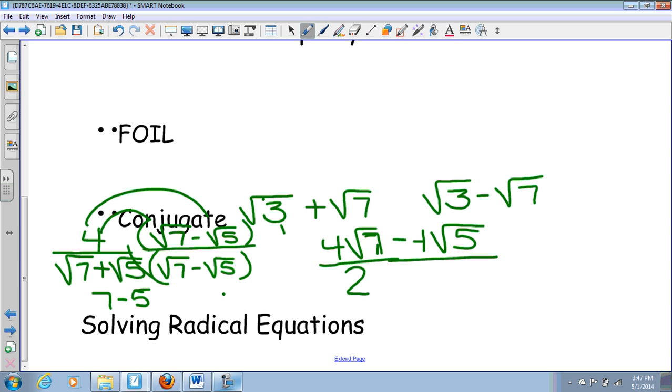All right. So, can I simplify that at all? Yes. 2 will go into 4 2 times. So, it ends up being 2 times the square root of 7 minus 2 times the square root of 5. Okay? Do you want to try one more?